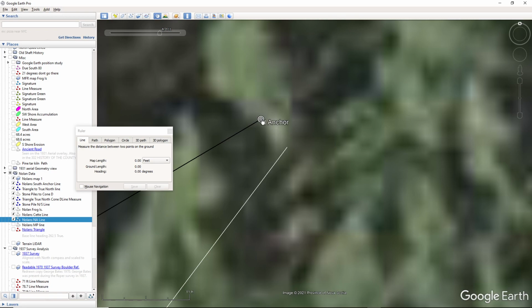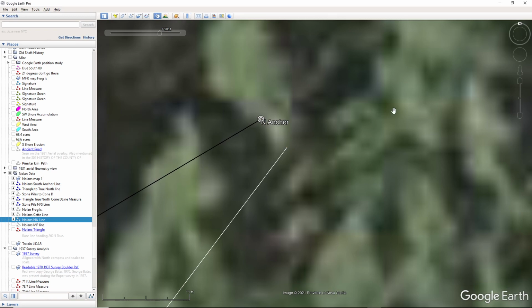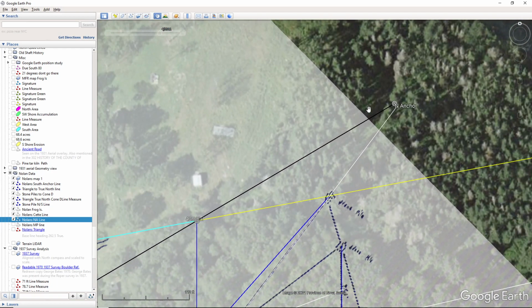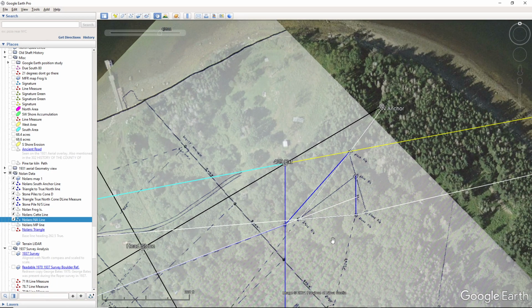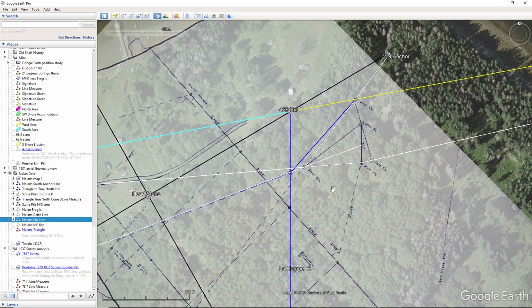We're looking at about 4.5 feet off. So it's within my tolerance. My tolerance is plus or minus 6 feet. So that's within my tolerance of acceptability.